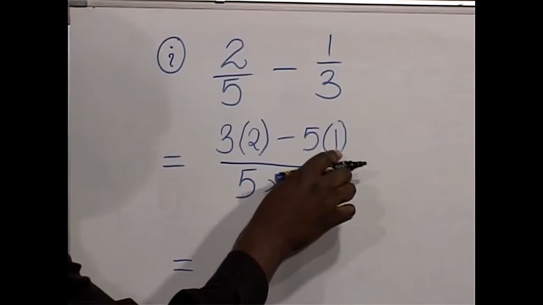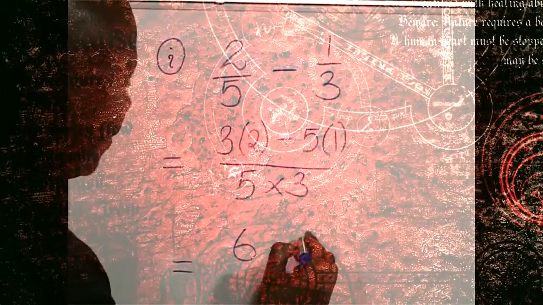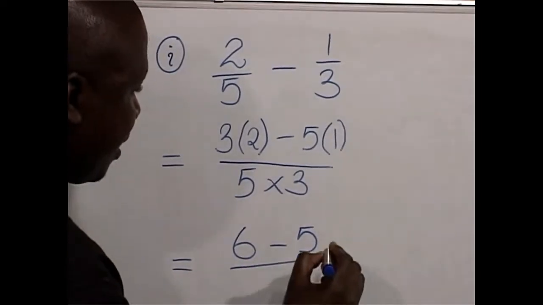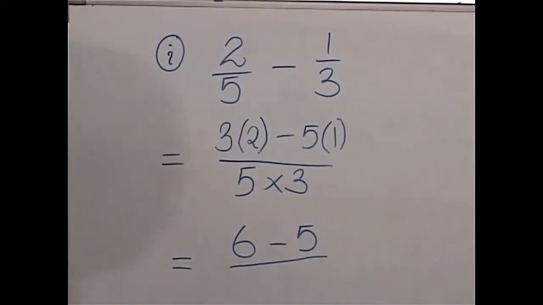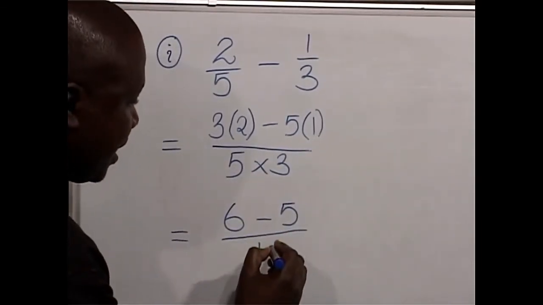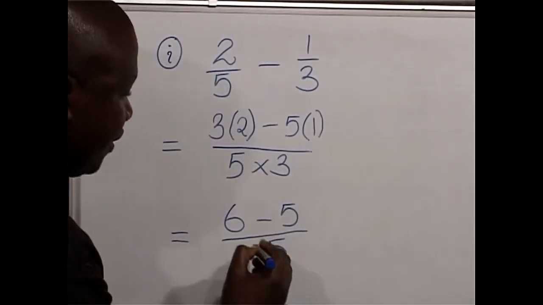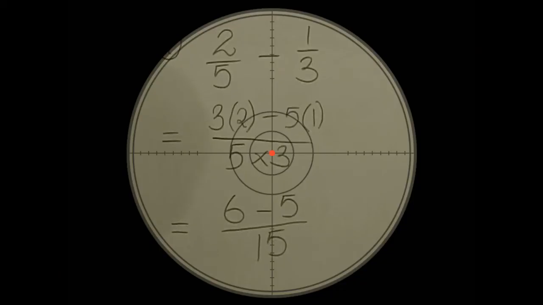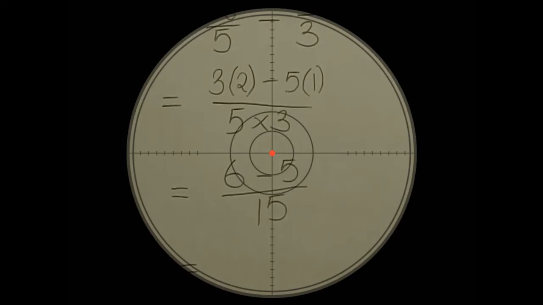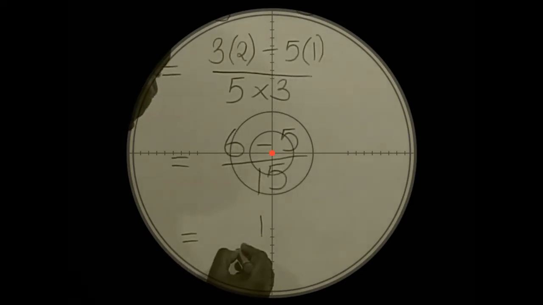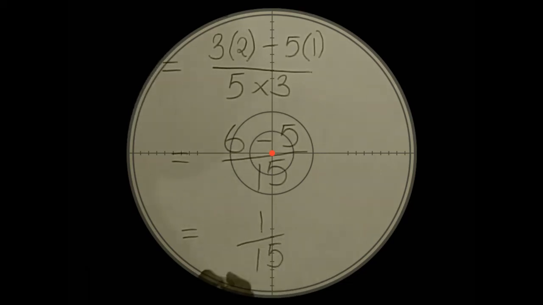Negative 5 multiplied by 1 will give us negative 5, divided by our lowest common denominator, which is 5 times 3, and as we earlier said, this will give us 15. In the numerator, 6 minus 5 will give us 1. And of course, the denominator is 15.